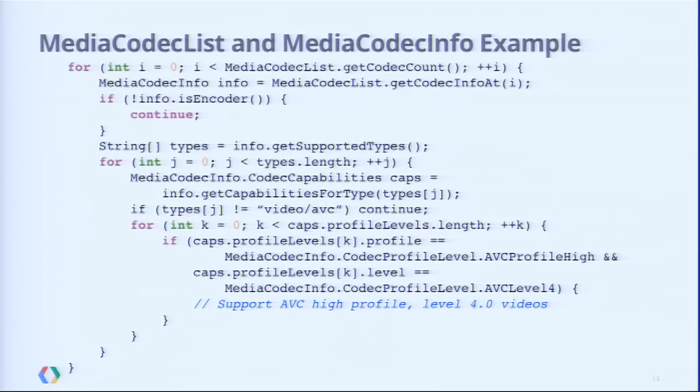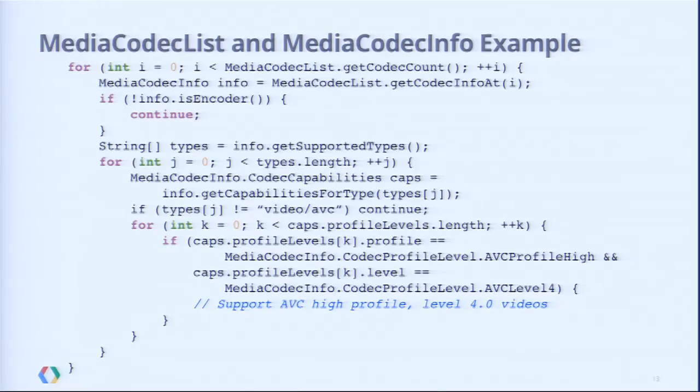First, you can check the type, to see whether the MIME type supported by this media codec is AVC. Basically, just check the type against video/AVC. If this video codec supports AVC, then you can find out the capabilities of this media codec.